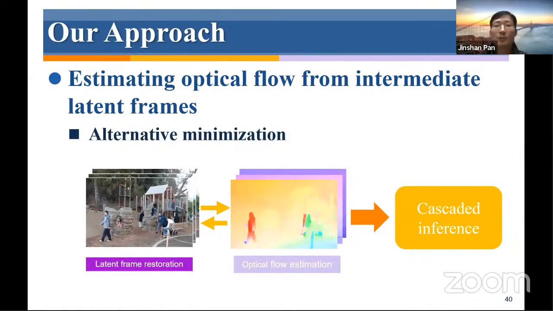And to overcome these problems and design a compact model for video deblurring, we estimate optical flow from the intermediate latent frames. Motivated by the alternative minimization methods that are used in conventional video deblurring approaches, we develop a new cascaded inference approach to iteratively update the optical flow and the latent frames.